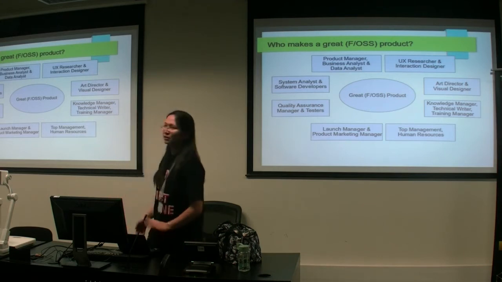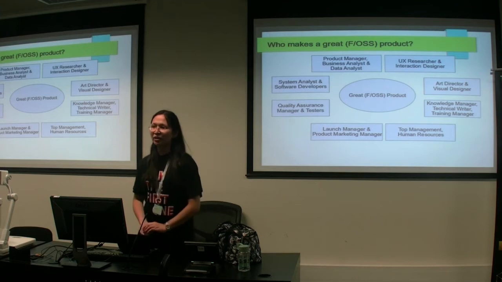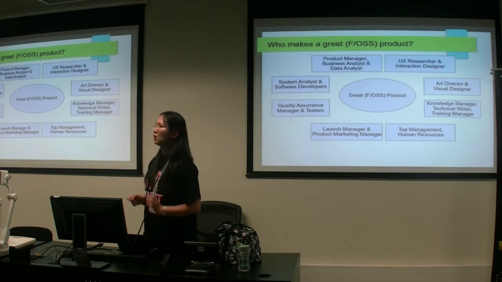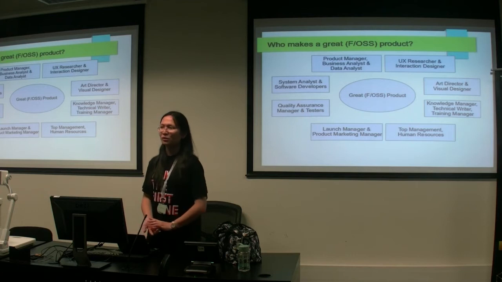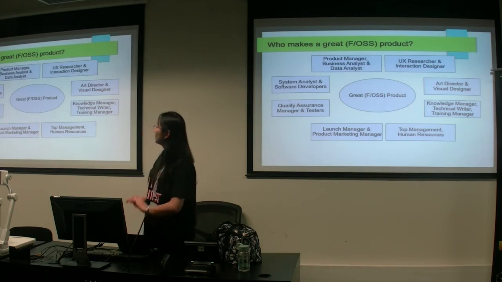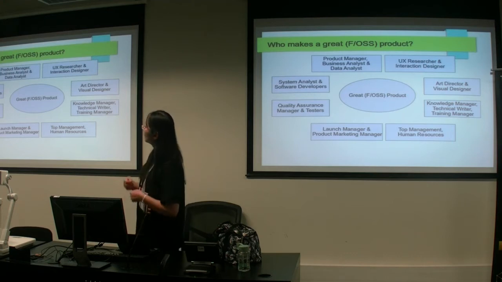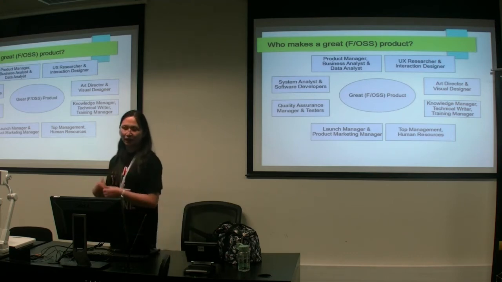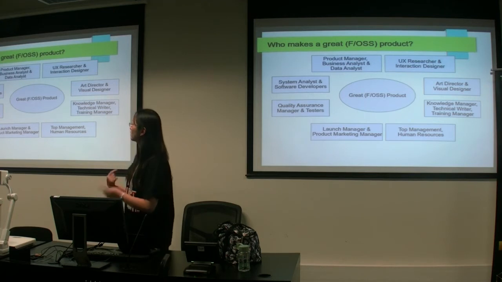So all of these are the very important stakeholders. If you want to make your product sell great, users are happy, people understand what you want to sell and engage with your product, you need to have help of all these expertise from all these different areas.